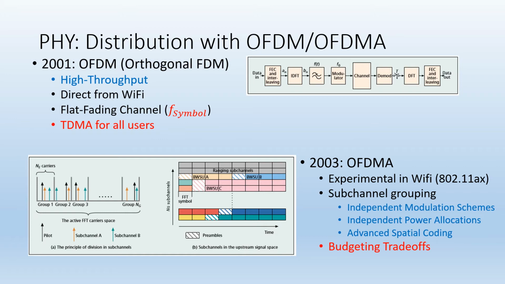Modifying the modulation schemes for each user can balance the data rates against the readability of the signals, while allocating more or less power and setting up more complex spatial coding techniques can improve the signal-to-noise ratio both during downlink from base station to user and vice versa in uplink.